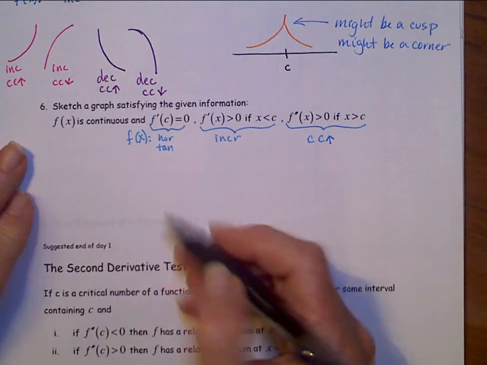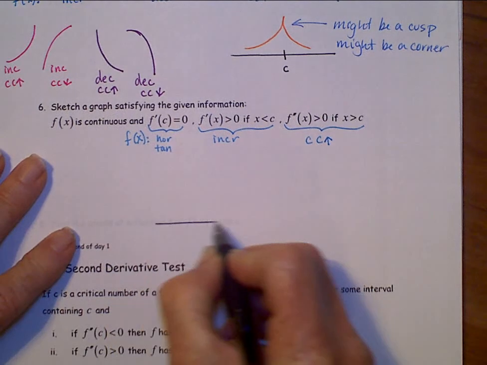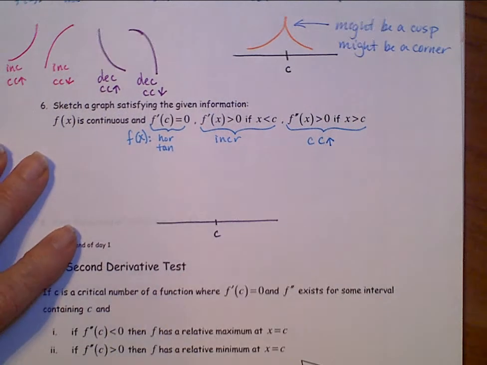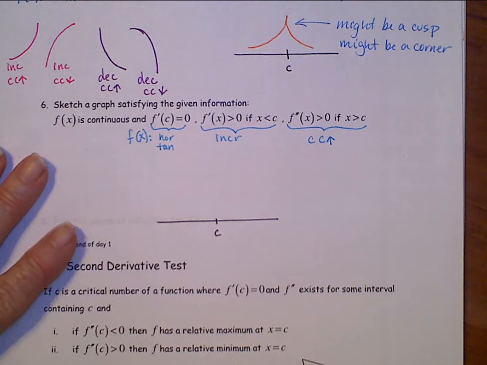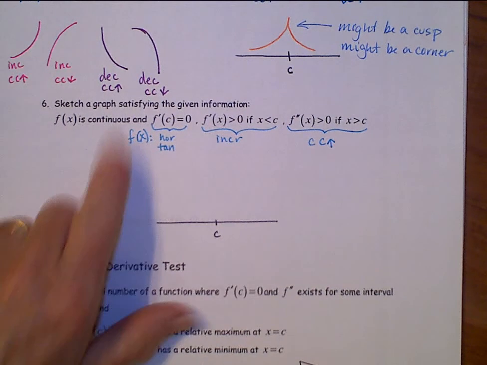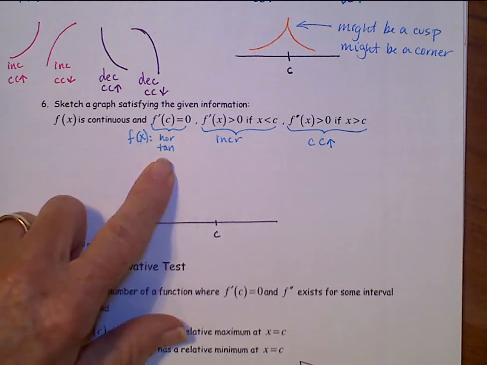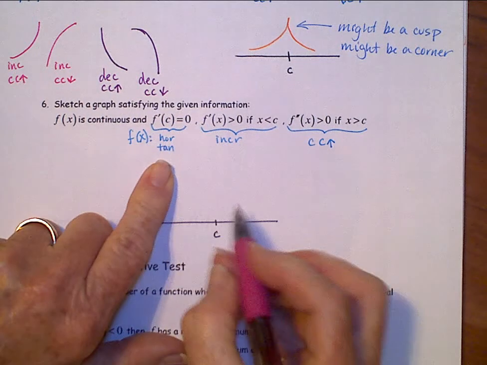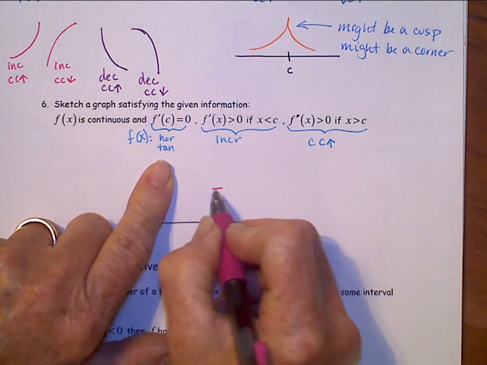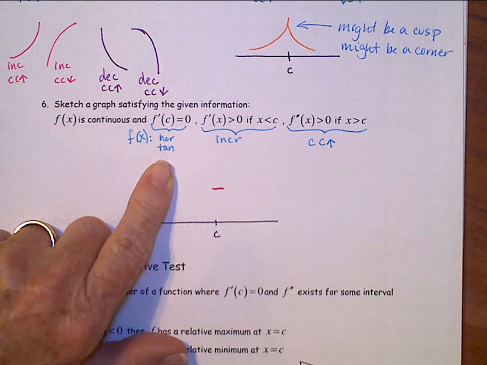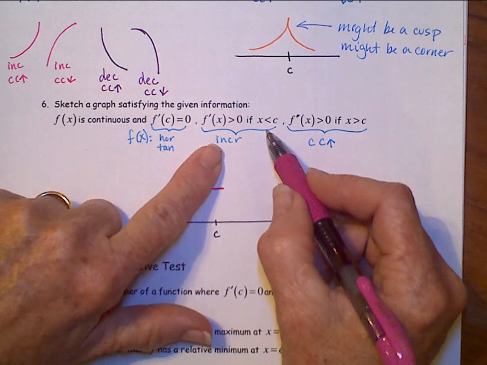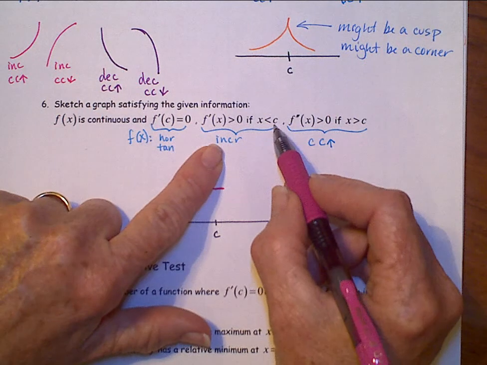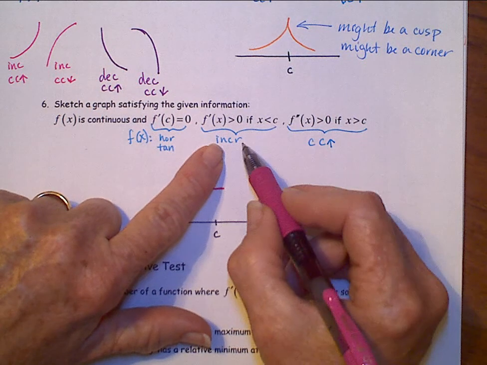And that's all the information we have. So again, we're going to sketch this. Let's identify some spot C. Now, starting at this spot C, we have a horizontal tangent. In terms of height, I don't know, so I'm just going to arbitrarily put in a little horizontal tangent here at C. Prior to C, so when we're to the left side of C, the graph has to be increasing.